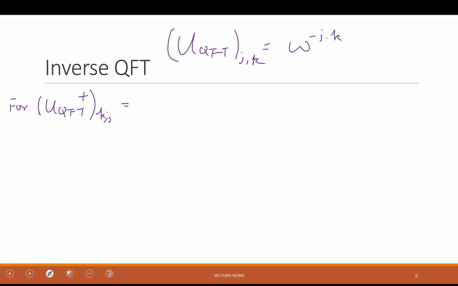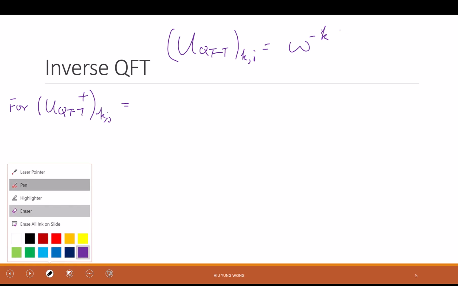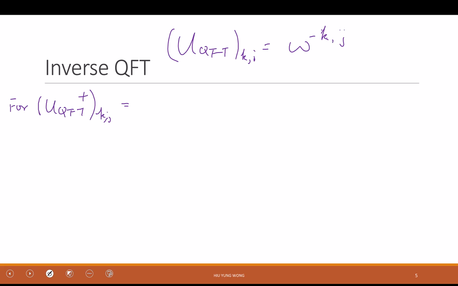In that case, I think it is better I call it KJ, because I want to keep using the same notation: the kth row, jth column.